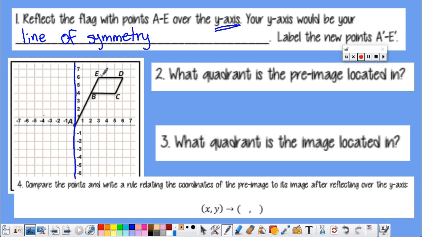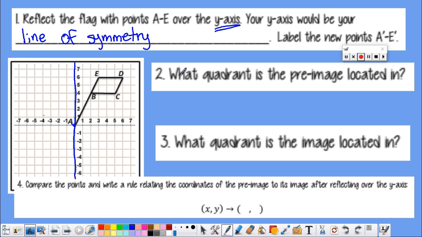So I want you to imagine, I don't know if you ever did this in elementary school, but if we were to outline our flag in yellow paint and fold along the line of symmetry, then we are going to see that exact picture, but the flag pole itself is going to be facing this direction, right? Because it's going to be opposite of how it's facing now. It's not a translation. We're not scooting it around, but we are totally reflecting the shape itself.